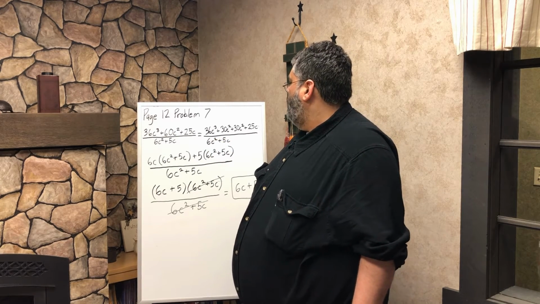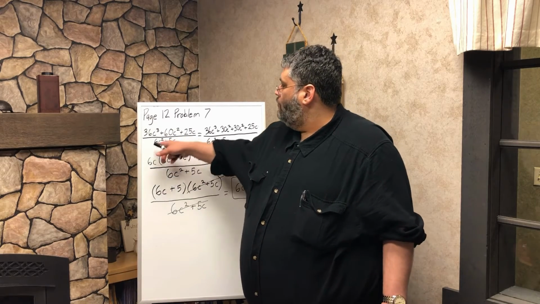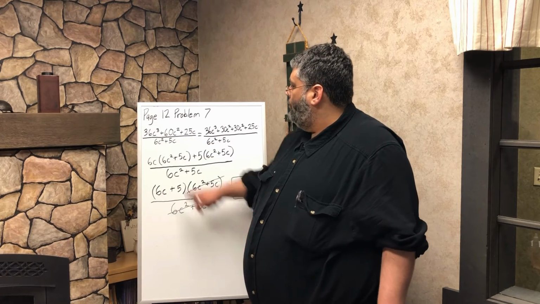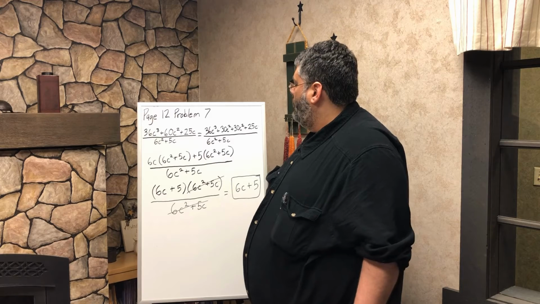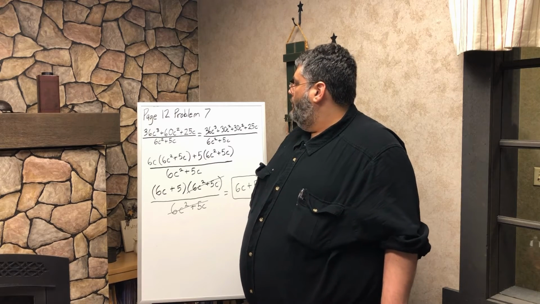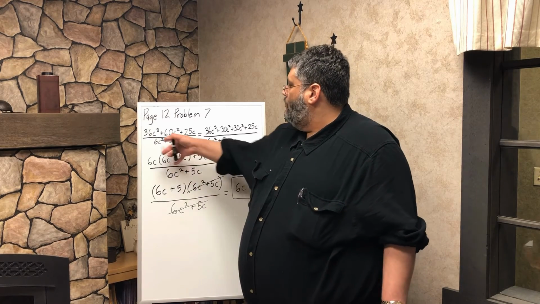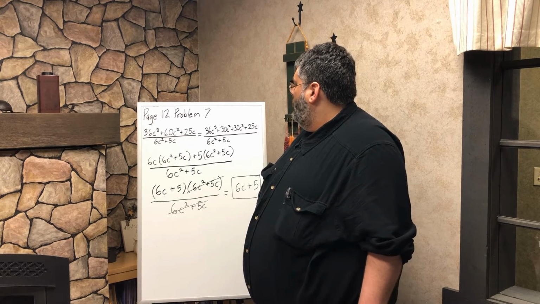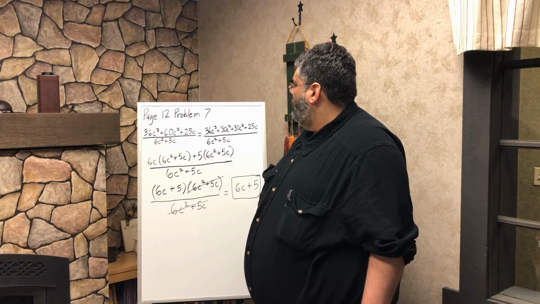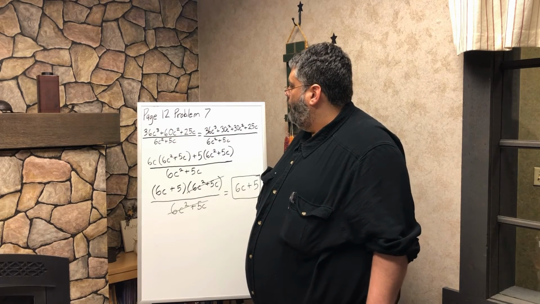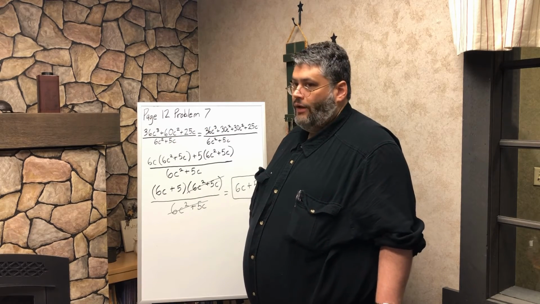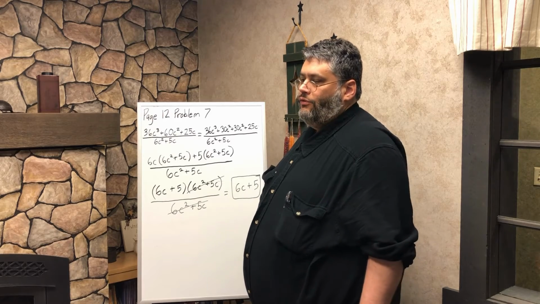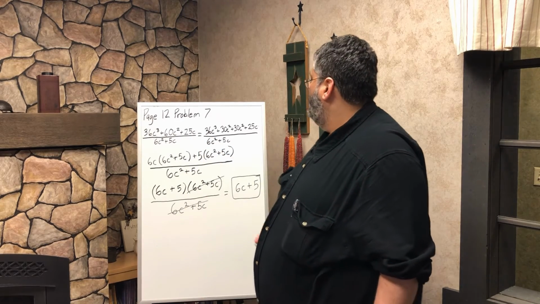So that's what I did. I was looking at the bottom term, and I'm seeing there's a 6 and there's a 5 there, and they have some c's in there. So I'm thinking, maybe I can pull something out here that has a factor of 6 and 5, and put a 6 on one side and a 5 on the other.